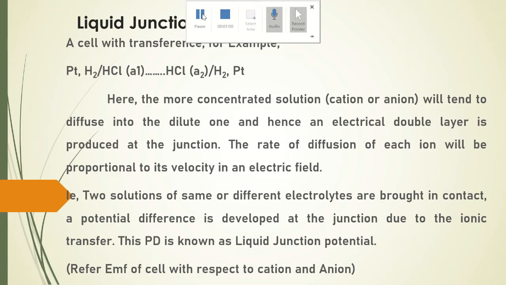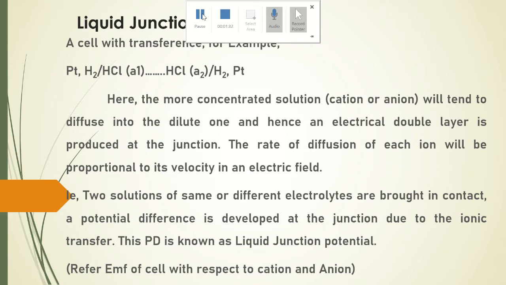In this cell, the more concentrated solution will tend to diffuse into the dilute one, and the rate of diffusion of each ion will be proportional to its velocity in the electric field. If the cation has the higher velocity, it will move ahead of the anions, and vice versa. Ultimately, it will develop a double layer there, and a corresponding potential will arise.